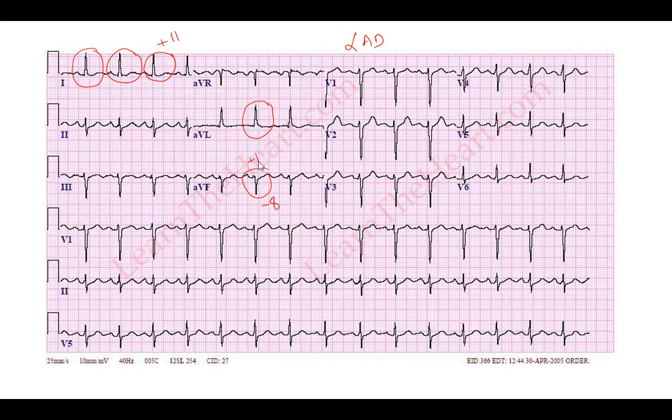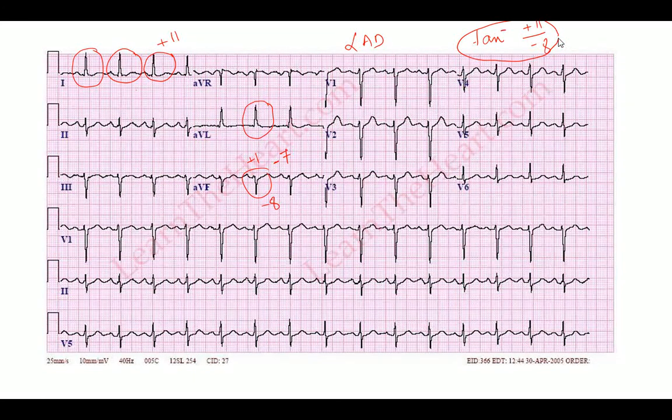The resultant is minus 7. So the axis will be tan inverse plus 11 by minus 8. You can calculate and get the angle exactly, right?